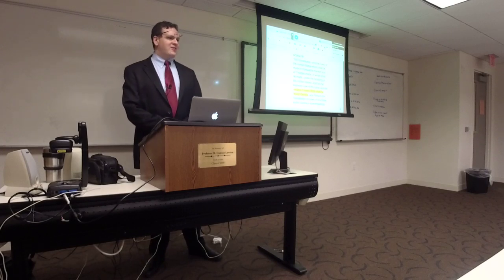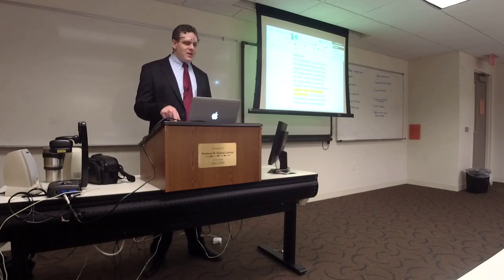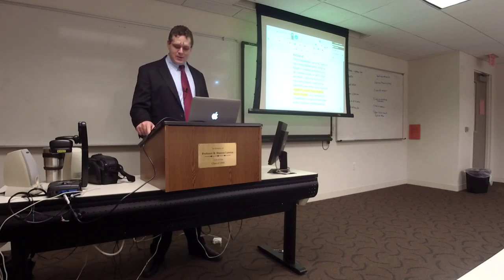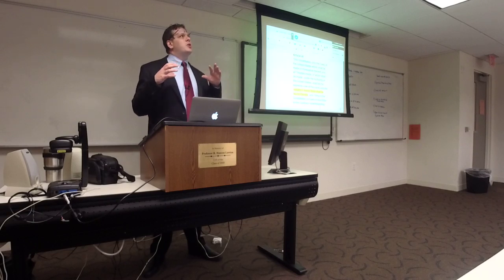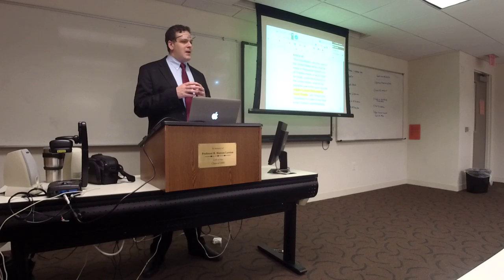There were a number of cases where the court said that Congress cannot abrogate, cannot eliminate a state's sovereign immunity. So the effect of these decisions, enumerated powers, commandeering, and sovereign immunity, was to somewhat constrain Congress's powers and at the same time expand the scope of the states' powers. These were defining elements of the so-called Rehnquist Court.